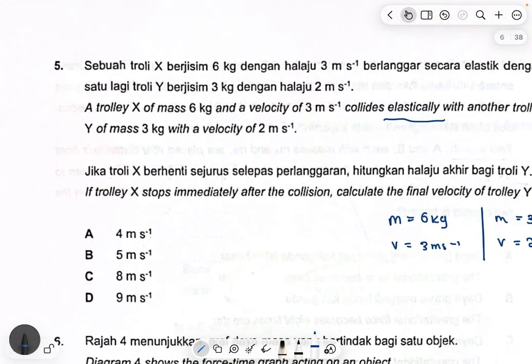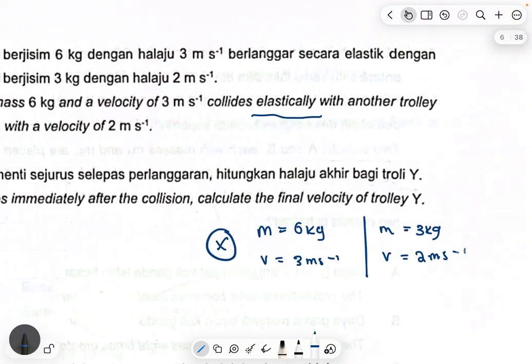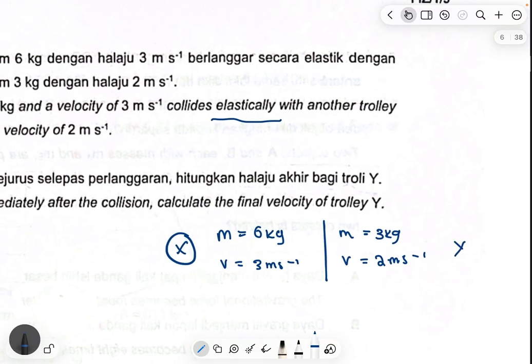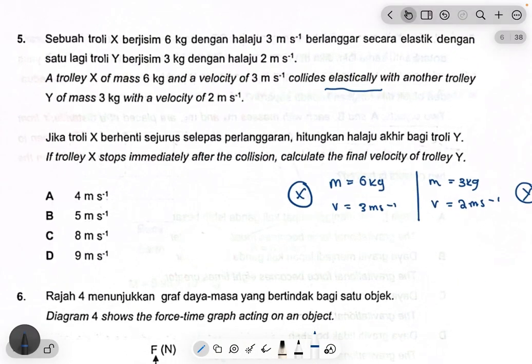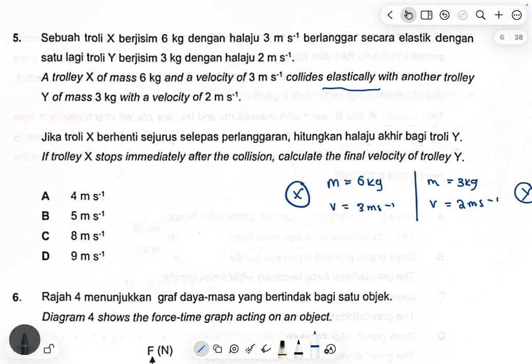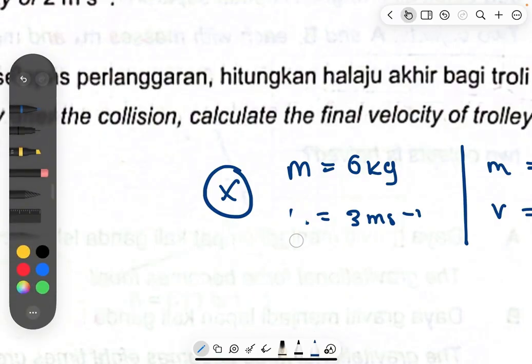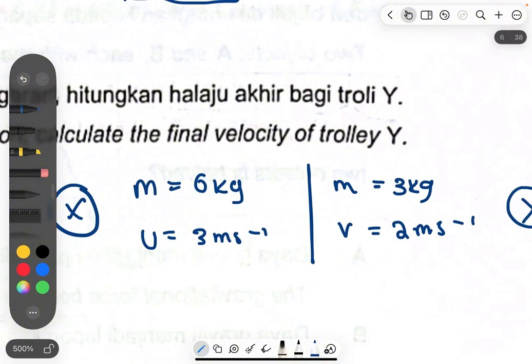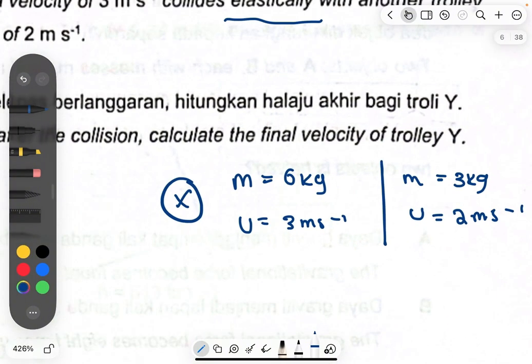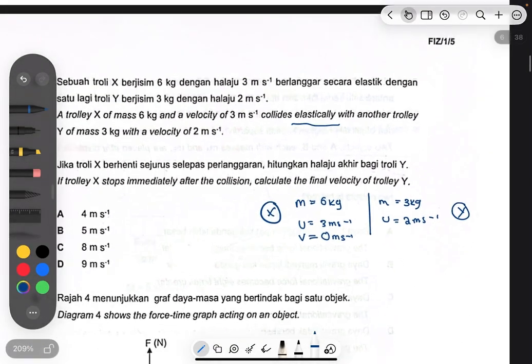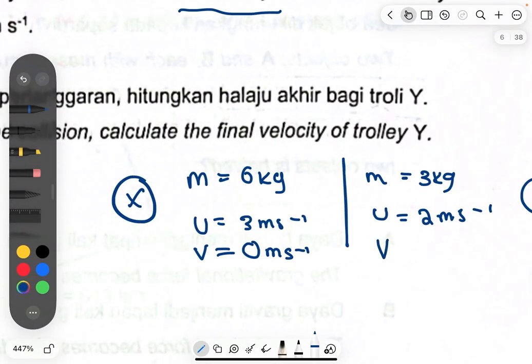If trolley X stops immediately after the collision, okay, this is X, this is Y, this is U, this is U2. So trolley X stops immediately, so final velocity is 0. Calculate the final velocity of trolley Y.